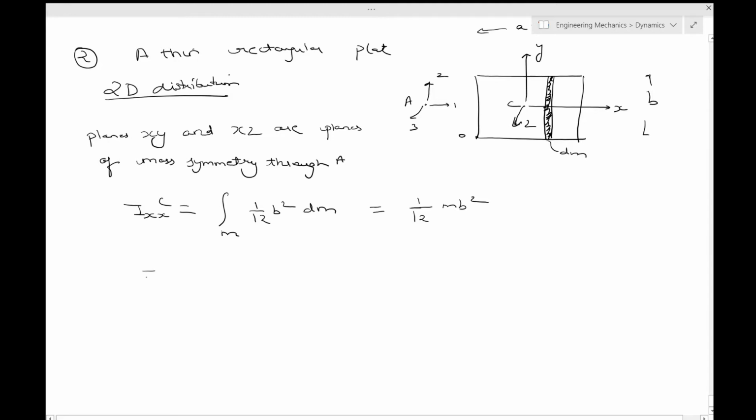So you can have similarly Iyy of C as 1 by 12 m a square. So these are all the expressions which you can now solve. I mean, you just have to apply this formula Ixx. You have already seen what it is. Okay, so you can just apply that directly.